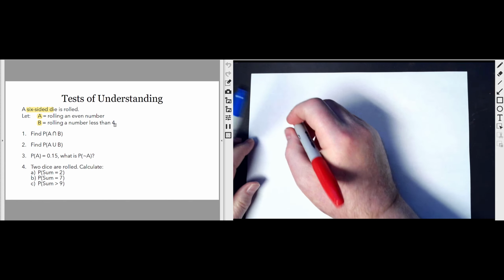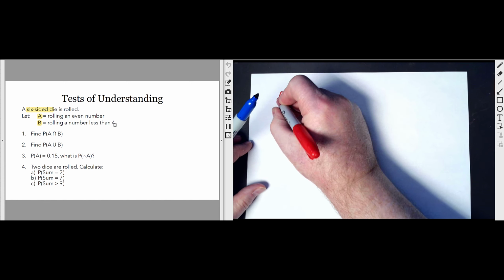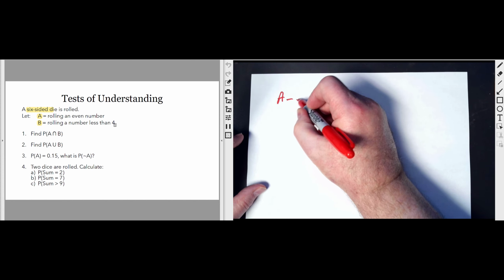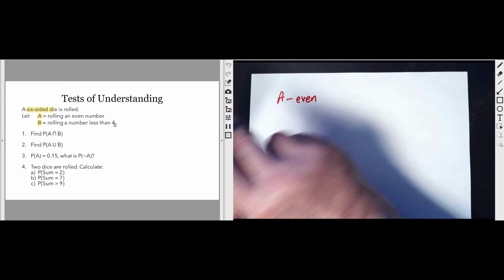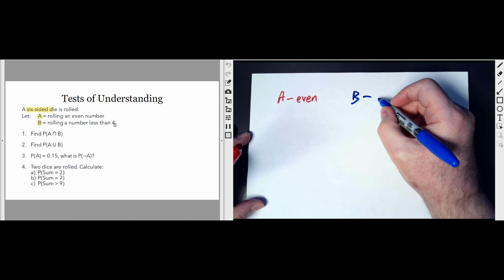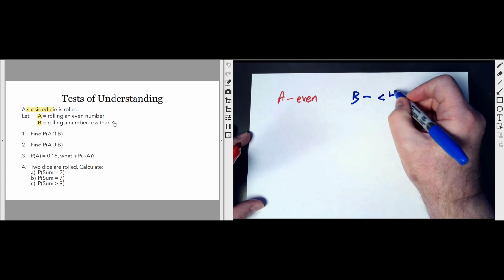Let's have the event A be that we have rolled an even number, and the event B be that we have rolled a number less than 4. Okay, so A is an even number, B is a number less than 4.